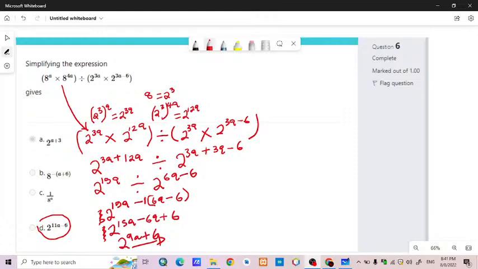Okay, so let's move on to the next problem. I haven't decided which problem to do, but yeah, let me just pick one. Okay, let's pick a problem.